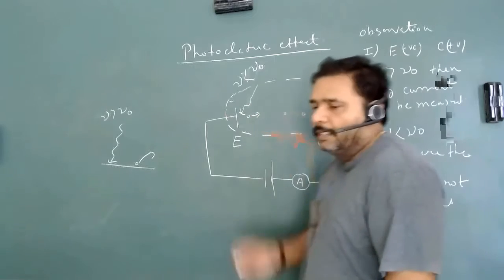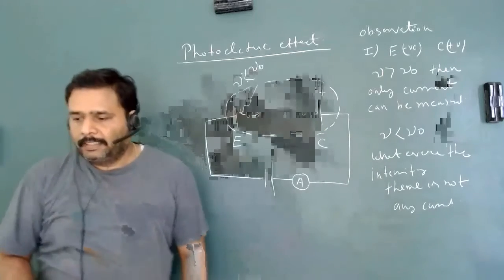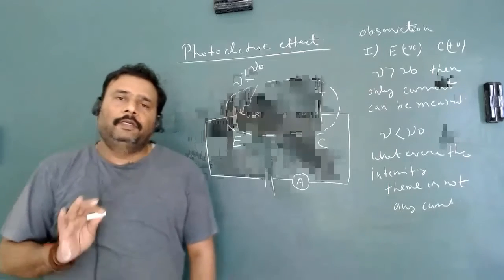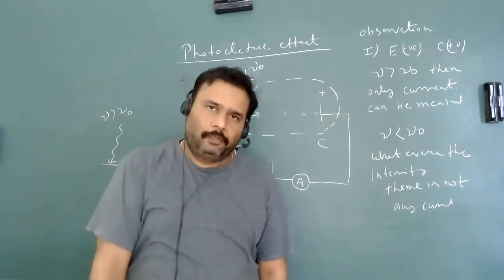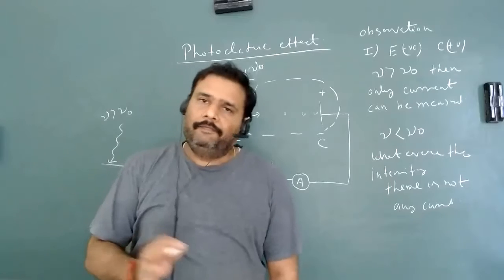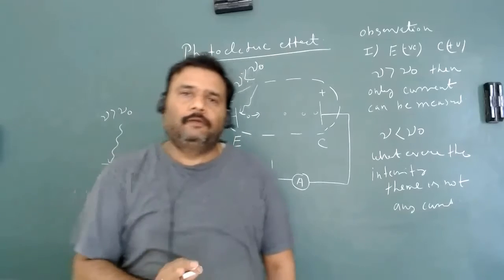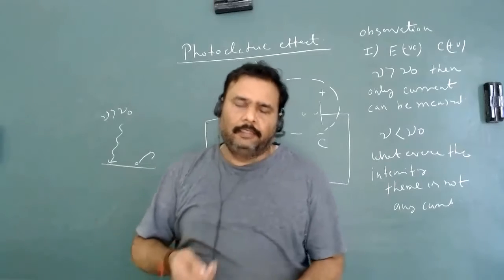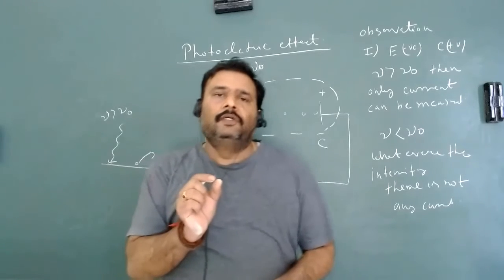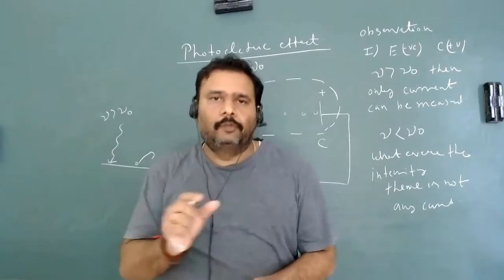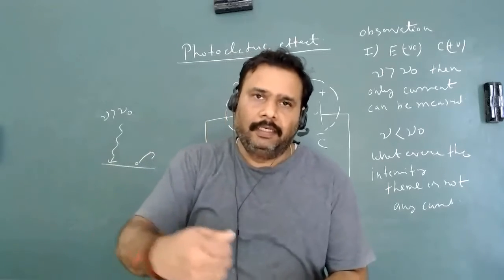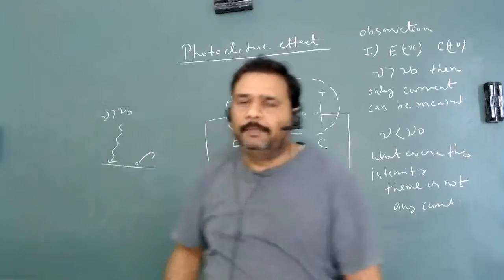So this experiment can only be executed when the frequency is greater than some particular frequency. If the frequency is less than that, whatever the intensity, you can increase the intensity by opening the aperture of the source, or by bringing your source very near to the emitter plate.